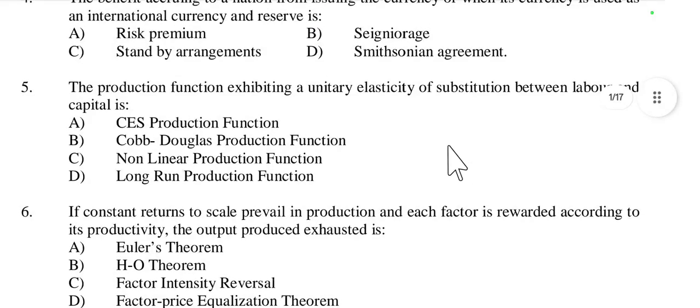Then question number 5, the production function exhibiting a unitary elasticity of substitution between labor and capital. Unitary elasticity of substitution means ES, elasticity of substitution, is equal to 1. Options: CES production function, Cobb-Douglas, non-linear, or long run. So in the Cobb-Douglas production function, elasticity of substitution is unitary, meaning 1. The Cobb-Douglas production function exhibits a unitary elasticity of substitution between labor and capital.